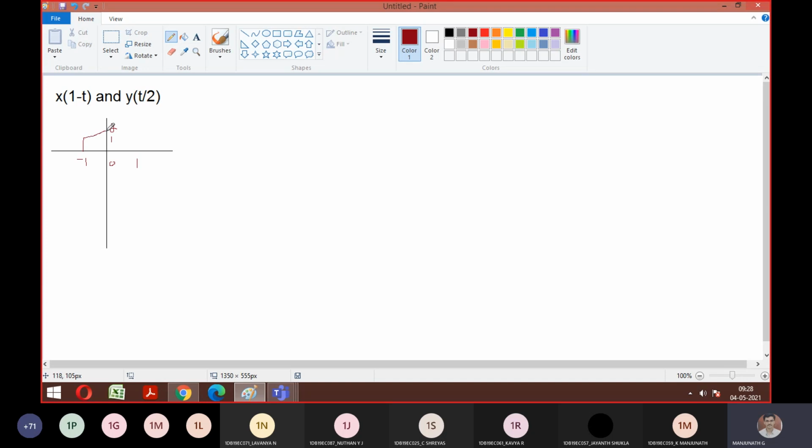Then at 2, it goes like this. Then at 1, it comes back like this. Is it visible what I wrote? This dotted line I will draw for your reference. So this is for one amplitude. Okay, so this is your x of t.